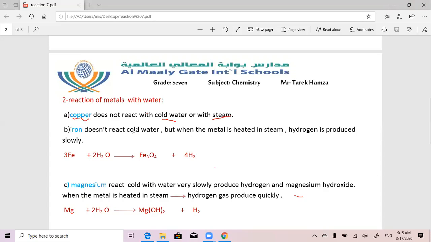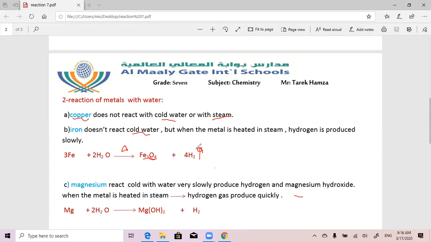Iron doesn't react with cold water, but when the metal is heated in steam, hydrogen is produced slowly. This is represented by the following equation: 3Fe plus 4H2O, with a heating sign meaning in the presence of heat, produces ferric oxide and hydrogen gas.